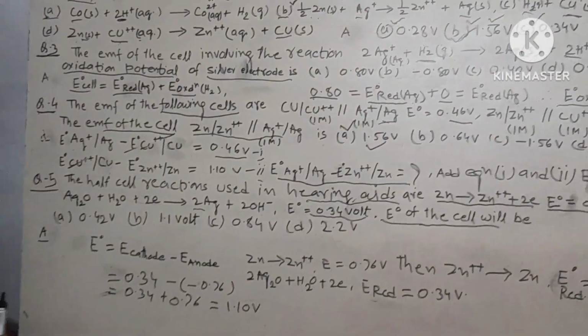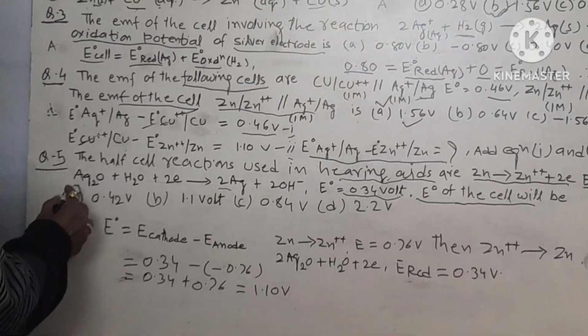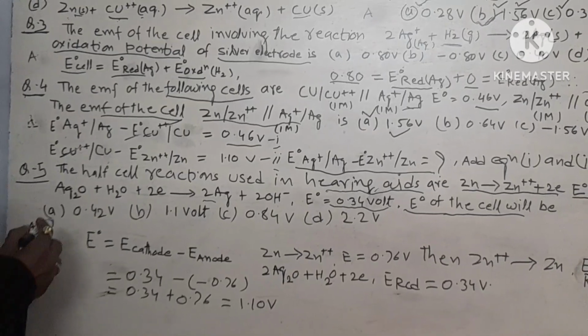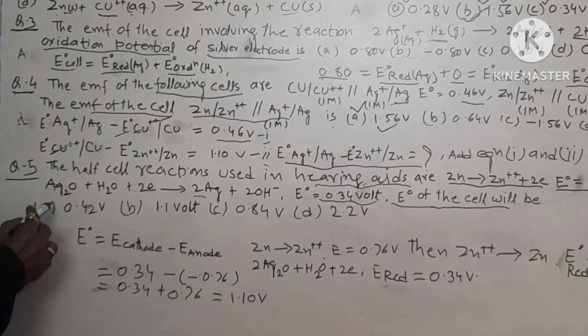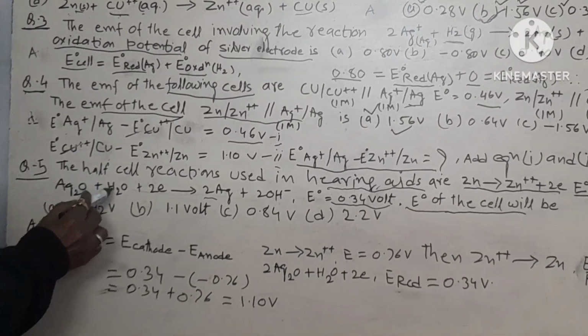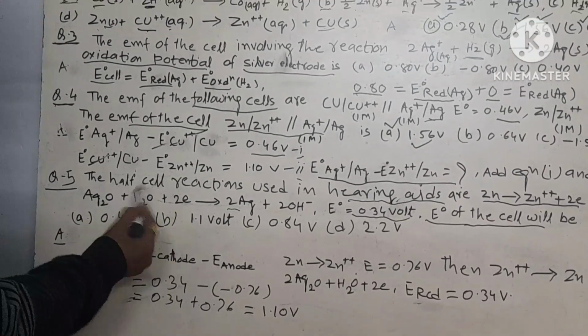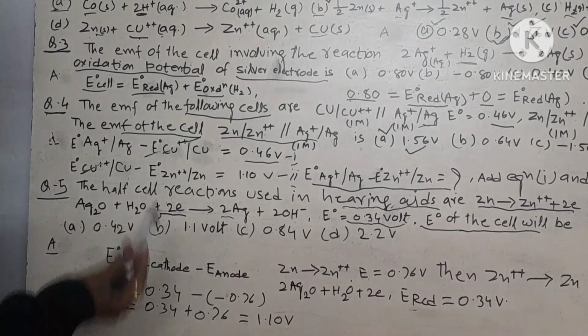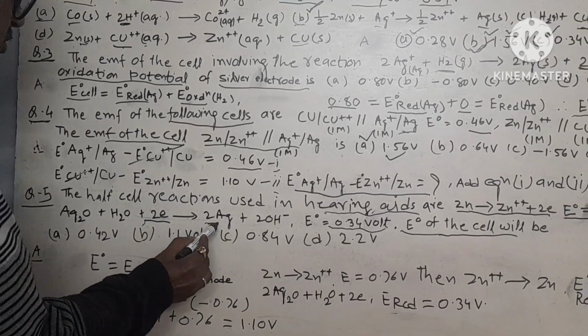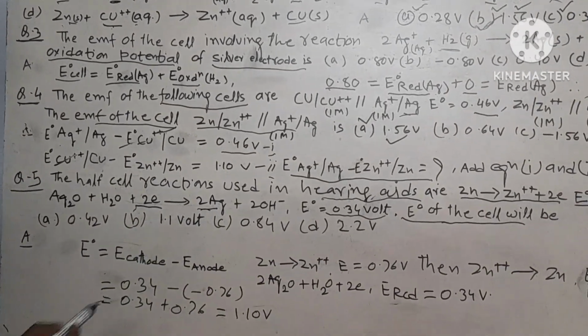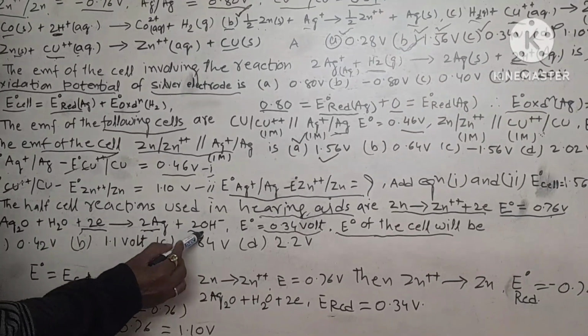And in the second electrode silver oxide is used, Ag2O, in the presence of water, H2O. Reduction takes place, plus 2e means reduction. It is converting to metal, 2Ag plus 2OH minus.